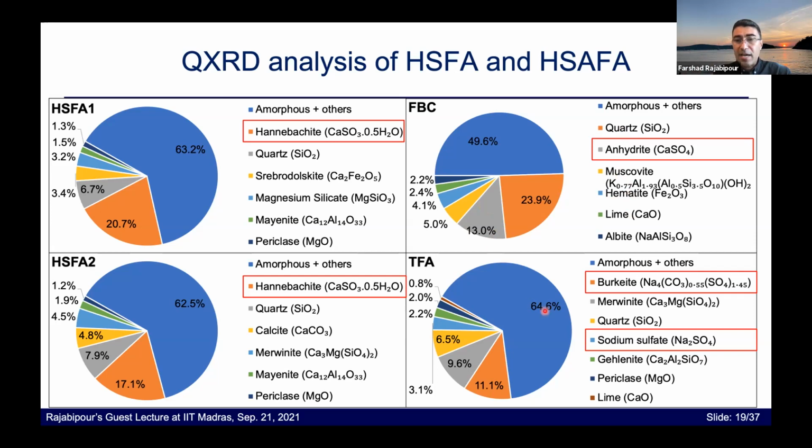Finally, the Trona fly ash is about 64–65% amorphous. There is a phase called burkeite, which is essentially the remnant of the Trona that was injected for SO3 scrubbing. You also have a considerable amount of sodium sulfate here. You have quartz and some other minerals.